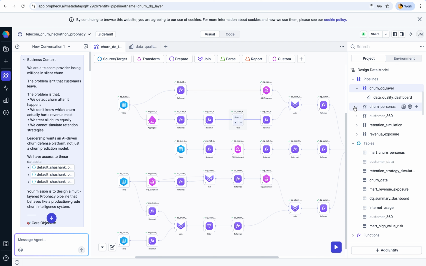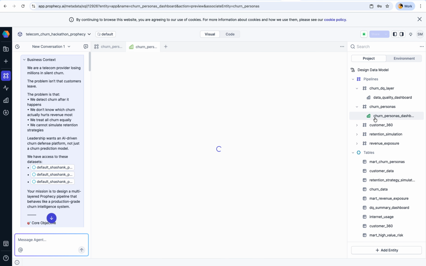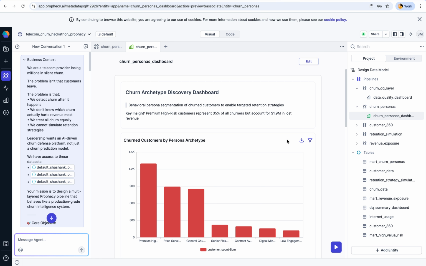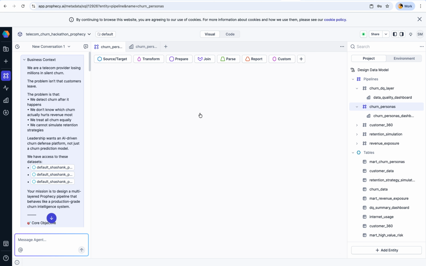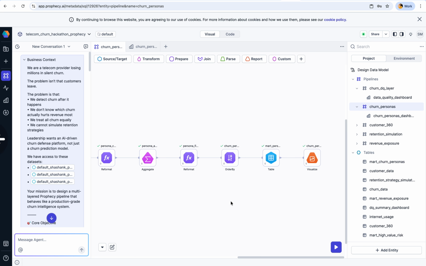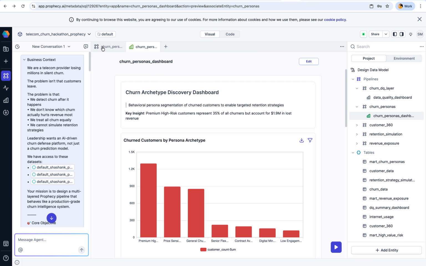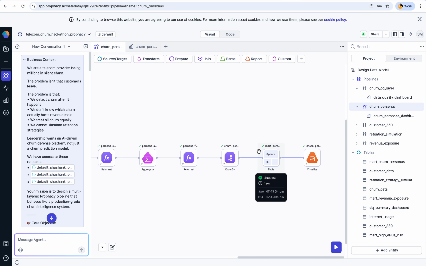Then the next focus was the churn personas, a pipeline which segments churn into behavioral archetypes like price sensitive switchers, contract avoiders, premium high risk, and low engagement drifters. That was what I wanted to build in this pipeline.